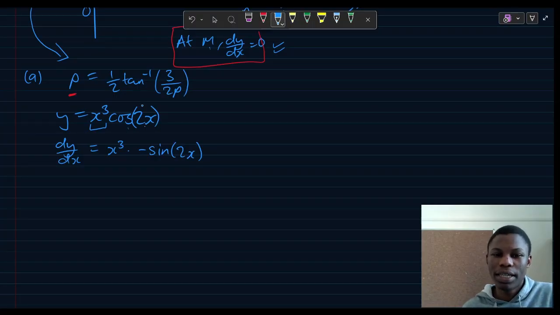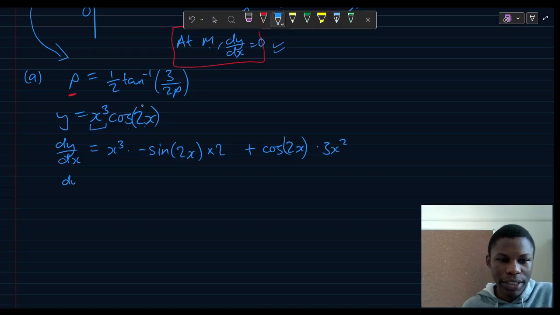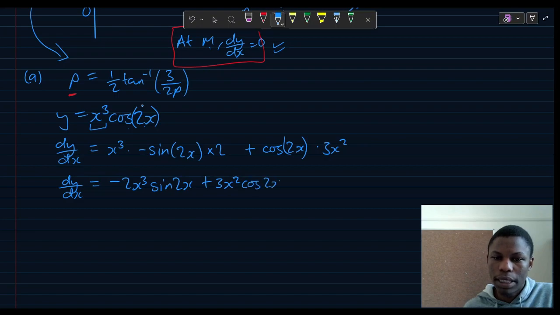So differentiate 2x, you get a 2, so multiply by 2. And then now we're going to hold the cos 2x and we want to differentiate the x cubed. If you differentiate x cubed, that's going to be 3x squared. And so now what you have is that dy/dx is equal to negative 2x cubed sine 2x plus 3x squared cos 2x.